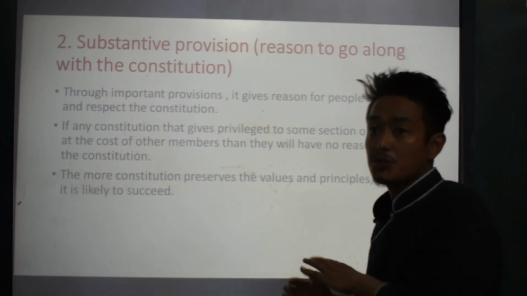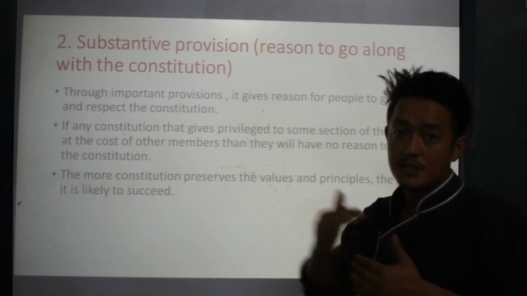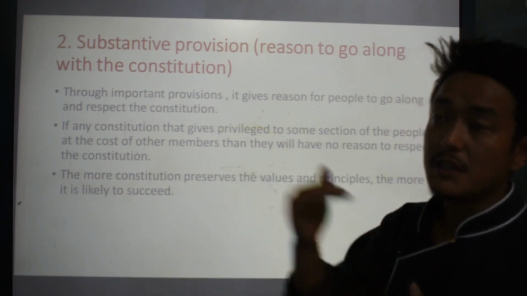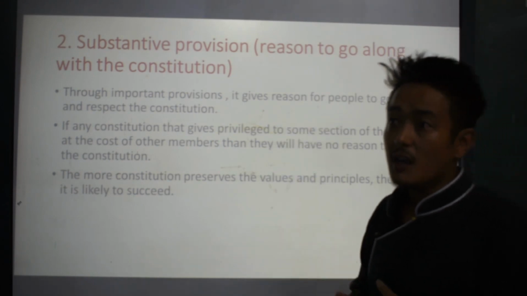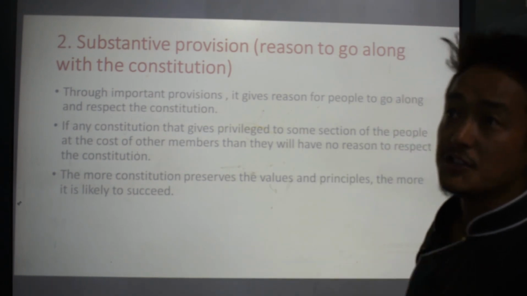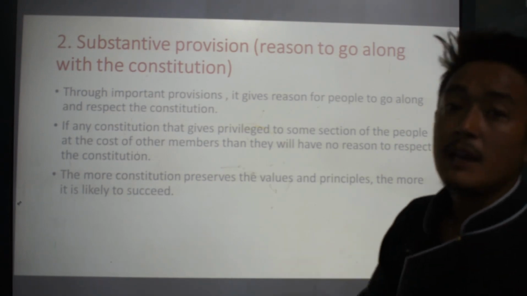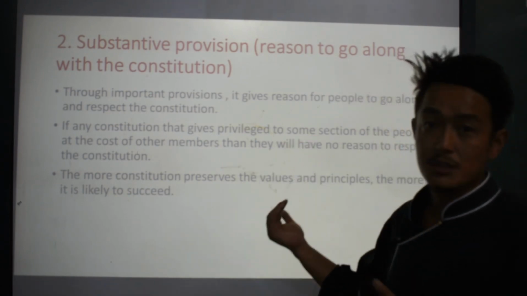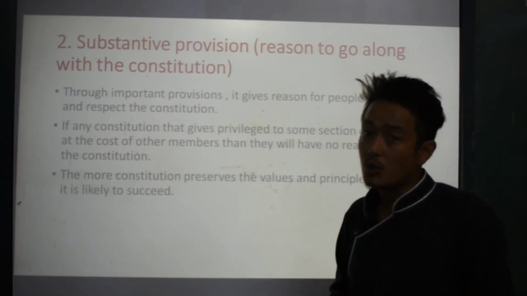Otherwise, if the constitution remains biased towards a certain section of the people or the higher classes, then it would definitely cease to get allegiance from the people, because most of the people are not getting benefit from the constitution. So there's no reason to go along with the constitution and respect it.